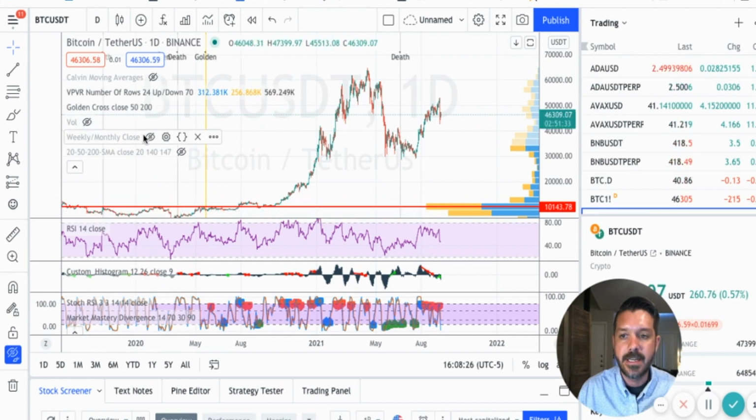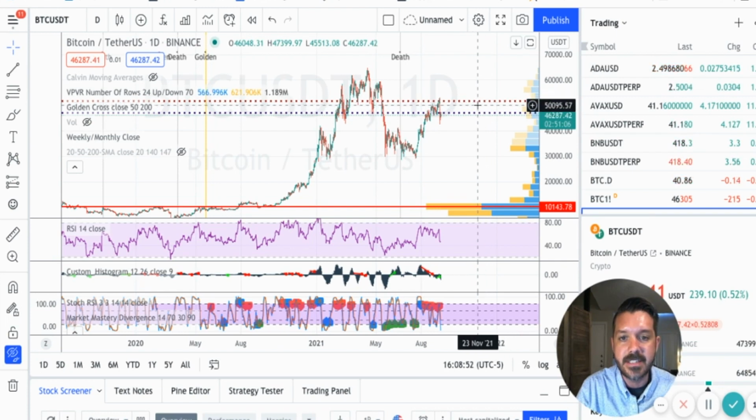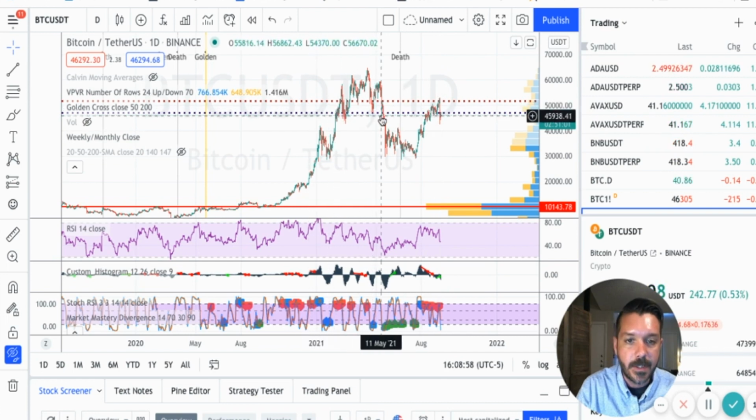Okay, so next, I like to have the weekly and monthly close indicated. And this red line right here is the weekly close, and this purple line is the monthly close. And so the reason that that's important is that those are just things that other traders are looking for, and they can offer resistance or support. It's just another piece of data and another area of influence on the price action that we can look to see, is this providing some kind of support?